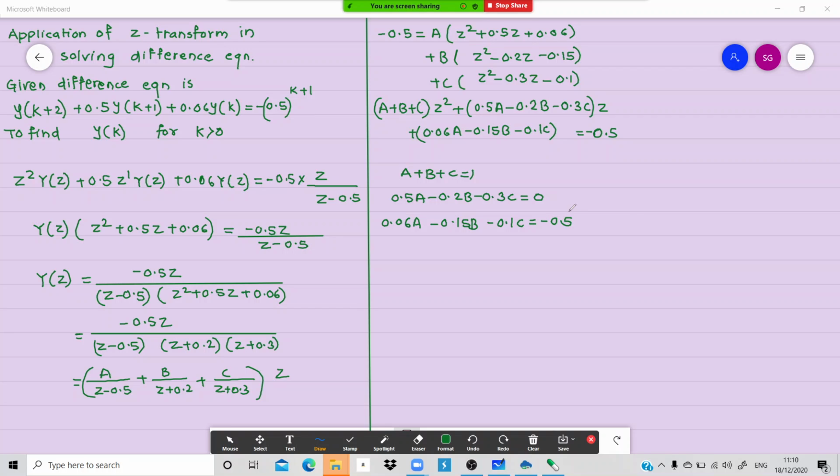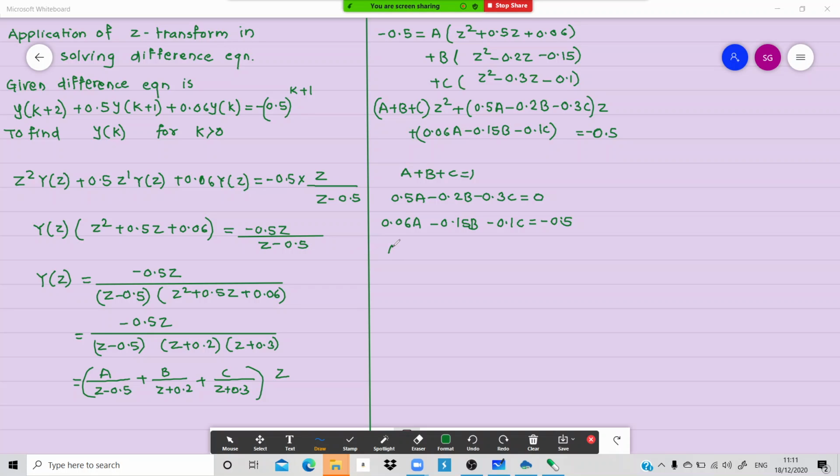Let me check I have written the correct thing or not. Yeah, correct. So I'll not solve those because this is just a simultaneous equation. You just put it in your calculator, or you may go for it online, and you'll be able to get the values of A, B, C.